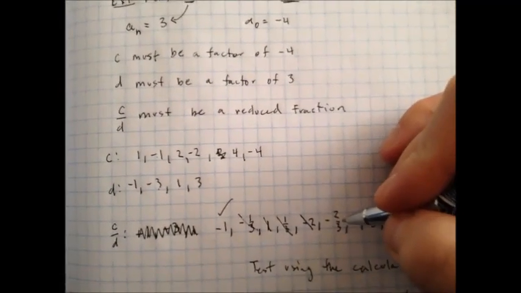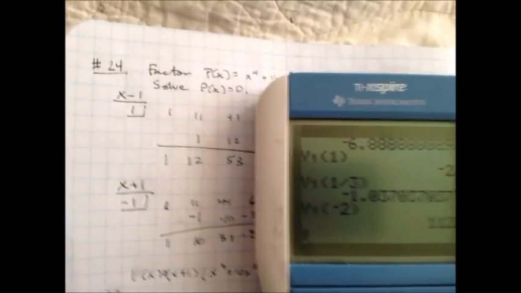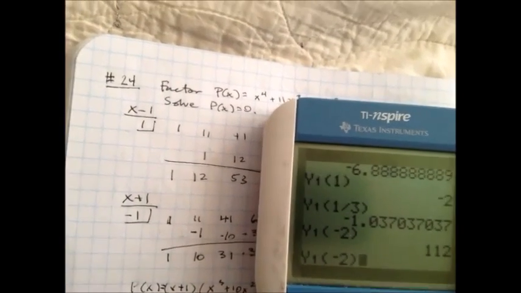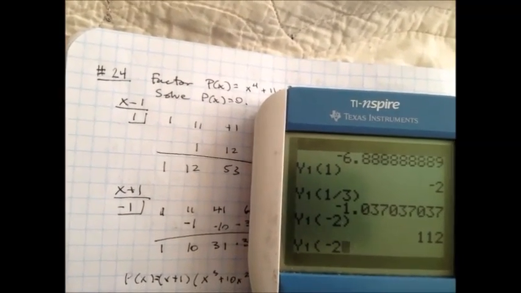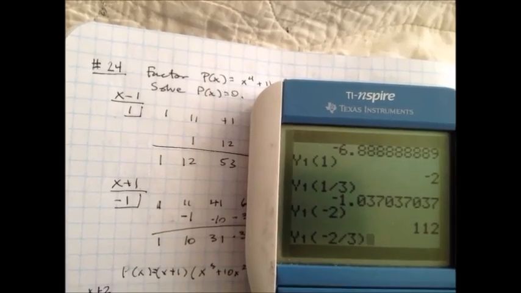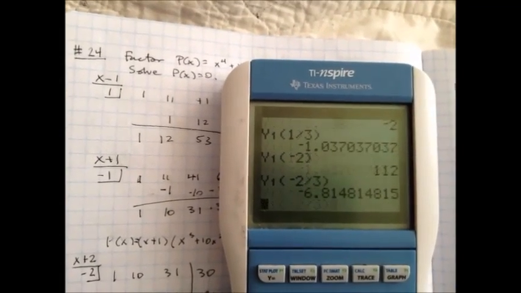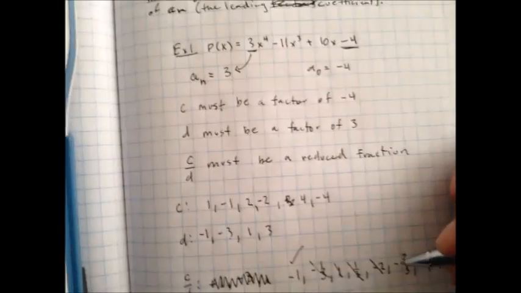My next number is negative 2/3. So I do second enter, divided by 3, so it's negative 2/3, and negative 2/3 doesn't work.